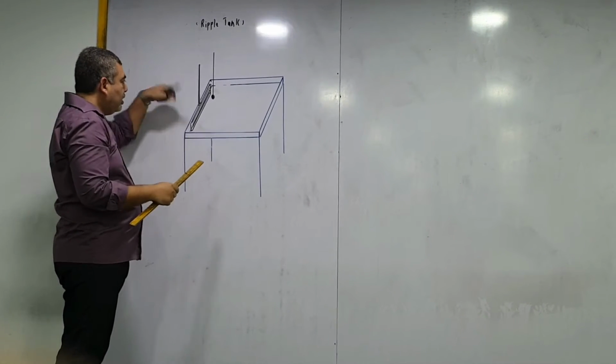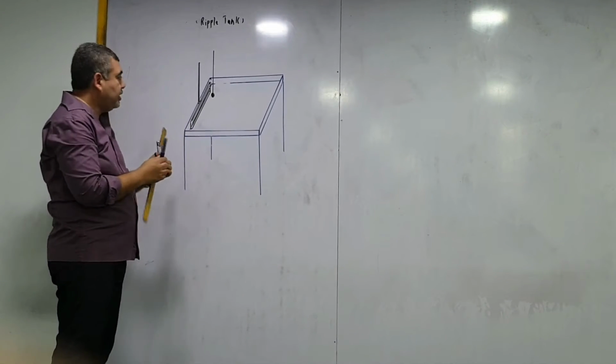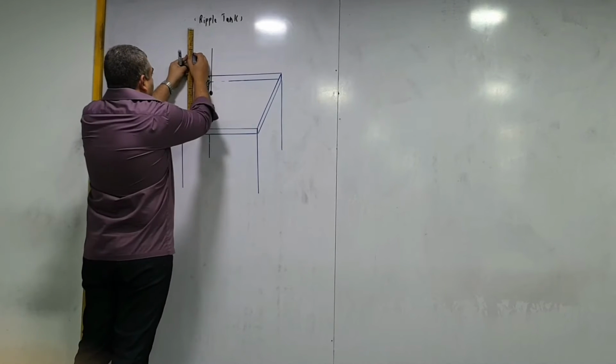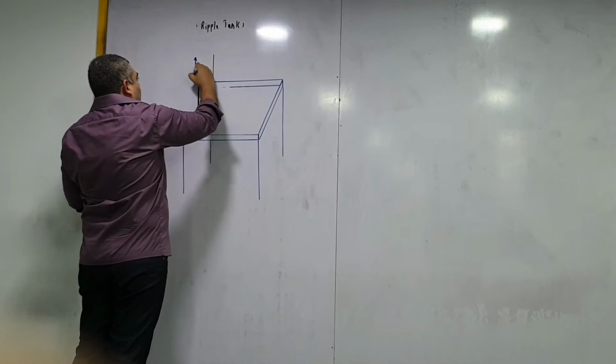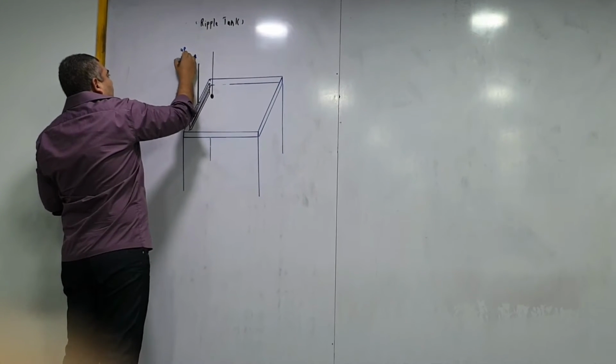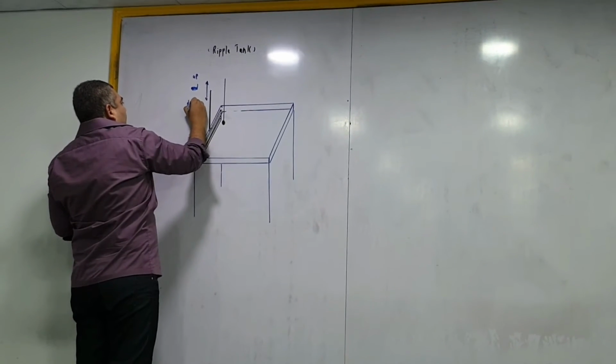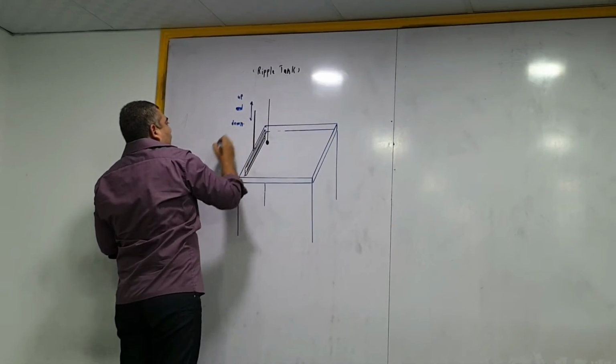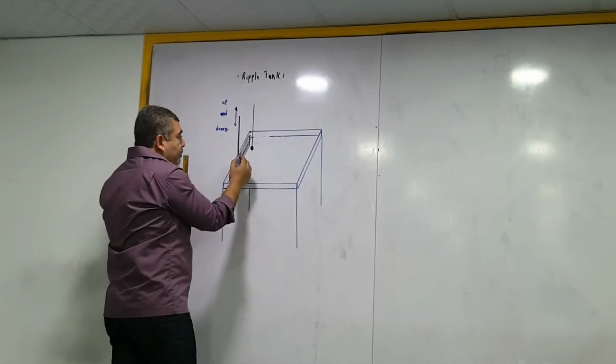This dipper can move up and down with the help of a motor. यानी ये dipper ऊपर नीचे move करेगा up and down, or you can use this spherical dipper up and down. Like this. Waves are produced.